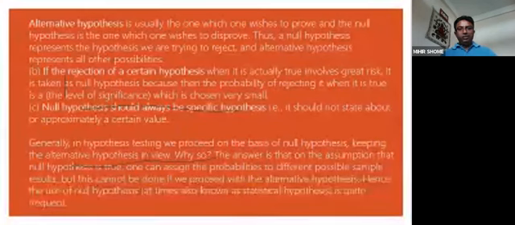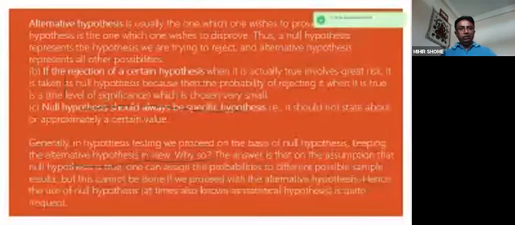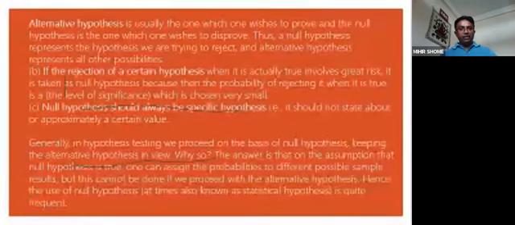The answer is that on the assumption that the null hypothesis is true, one can assign probabilities to different possible sample results, but this cannot be done if we proceed with the alternative hypothesis. Hence, the use of the null hypothesis, at times also known as the statistical hypothesis, is quite frequent.